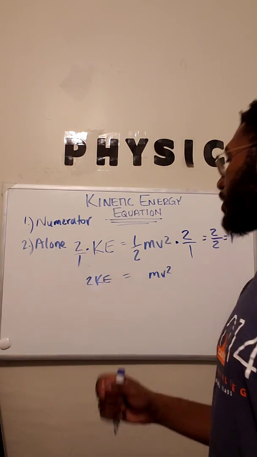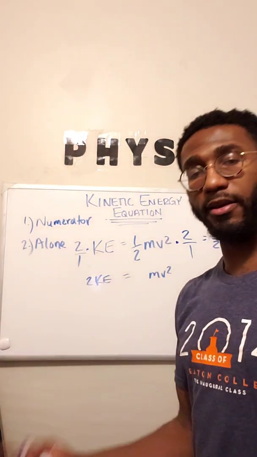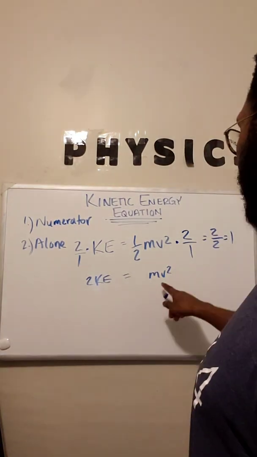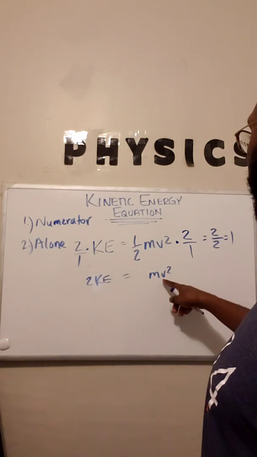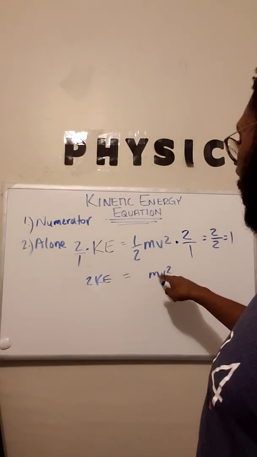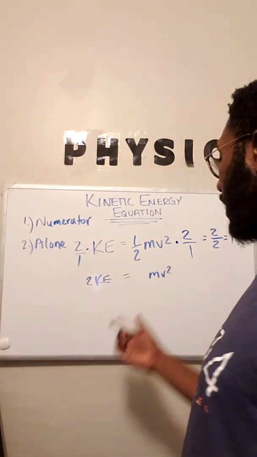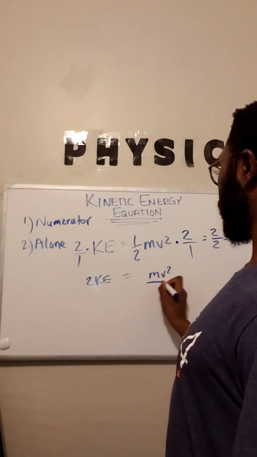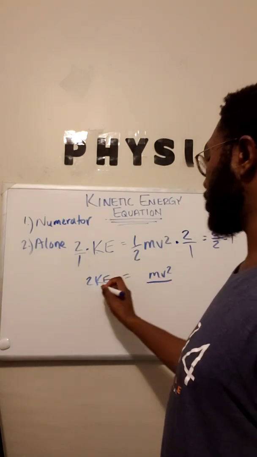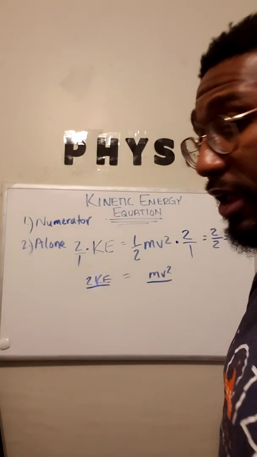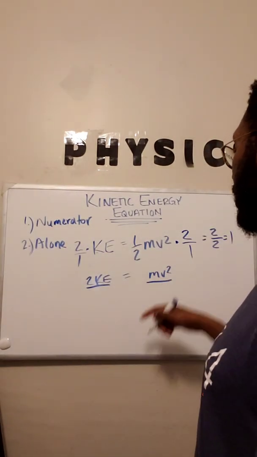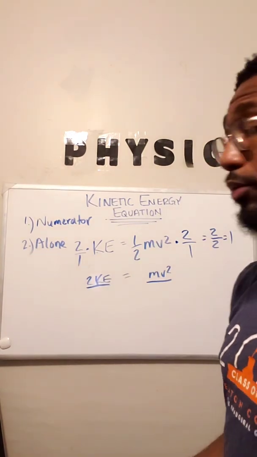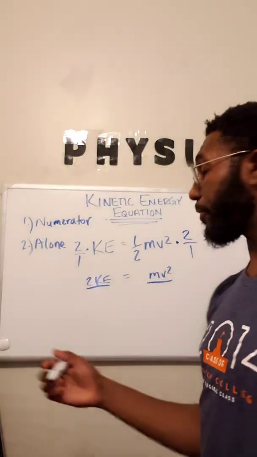Now v squared is still hanging out with its friend m, mass, and they are being held together by multiplication, right? Because we don't see any operation, we assume it's multiplication. So we have to do the opposite of multiplication, which is division, and we're going to divide on both sides. And we need to get v by itself. We need to get it alone. So m has to go home.